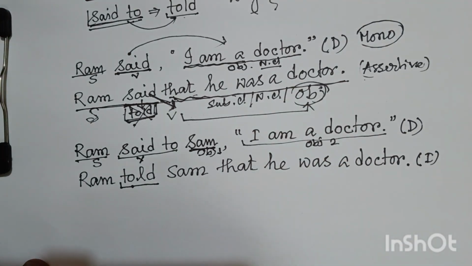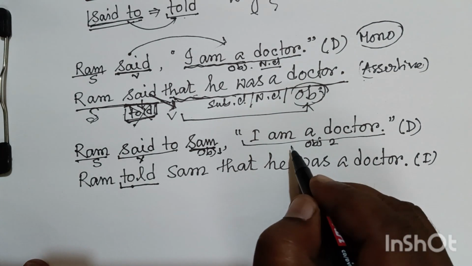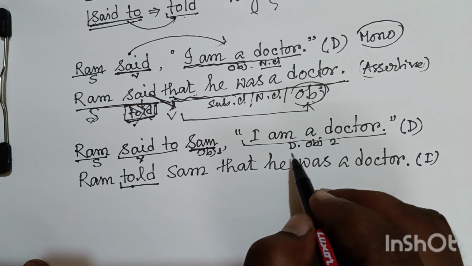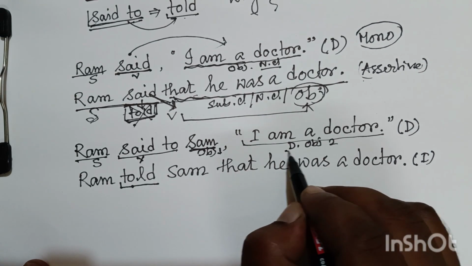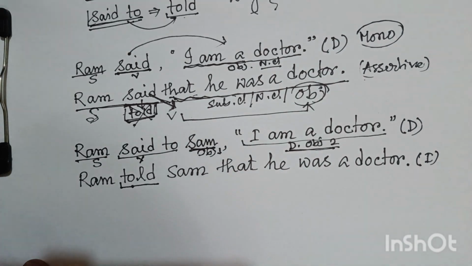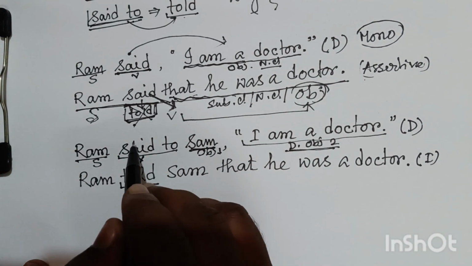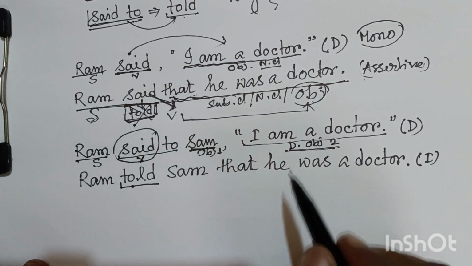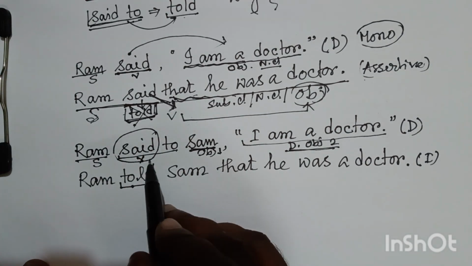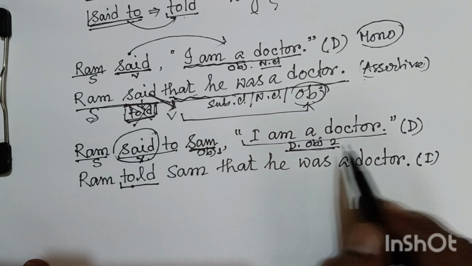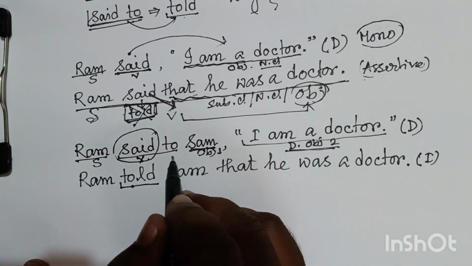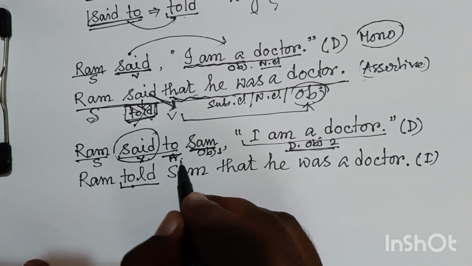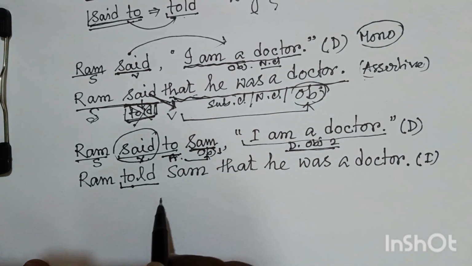Actually, my dear friends, this is the direct object. This is the actual object. And as we have used the term said here, we cannot write down two objects with it. That's why in direct speech, we have used the preposition to, and after that we have written its object.